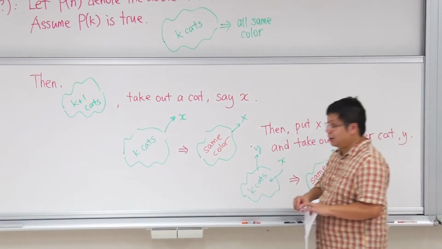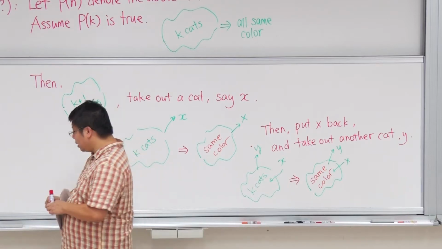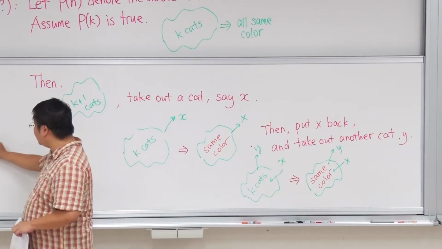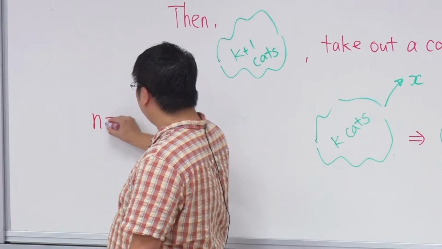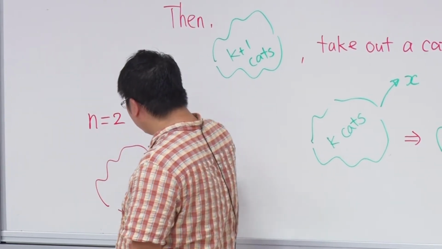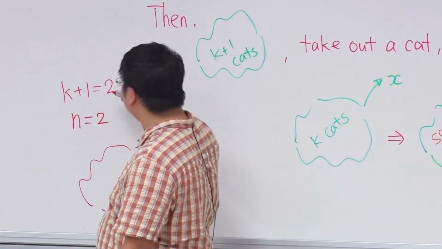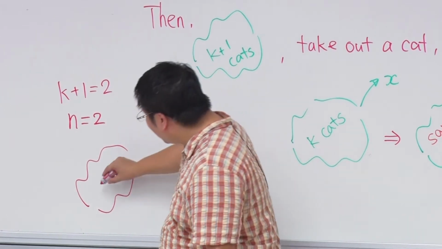But this is only true if there are some cats inside the group. So in the particular case when n is equal to 2, what will happen? When n is equal to 2, or when k plus 1 is equal to 2, let's look at this case. Then we will have two cats.